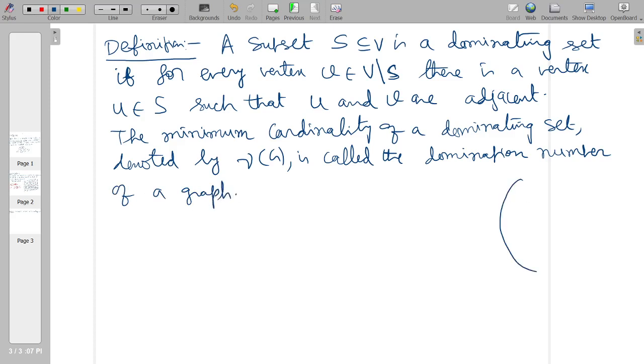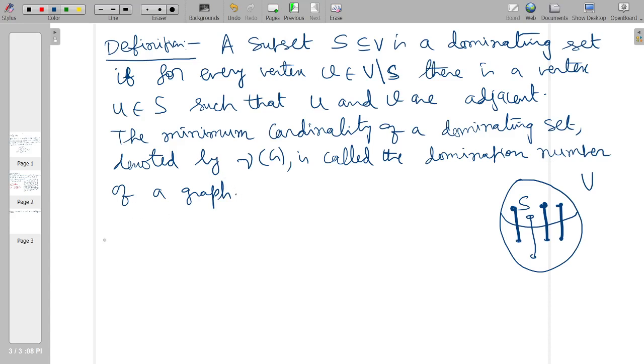So you have a vertex set V and I take a subset S, and for every element here I will have an element in S such that u and v are adjacent. So this minimum number is called the domination number.